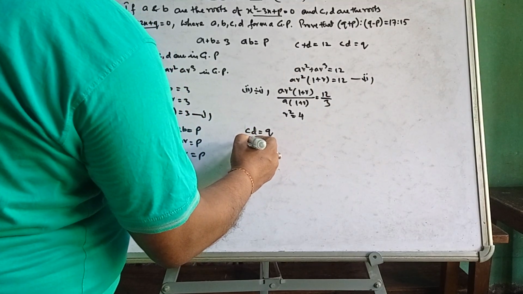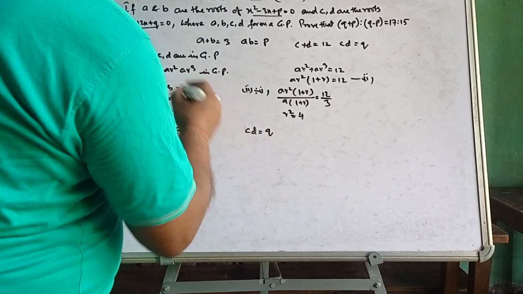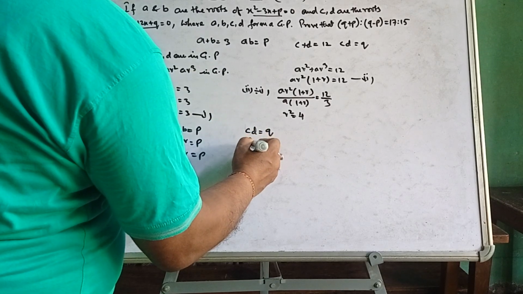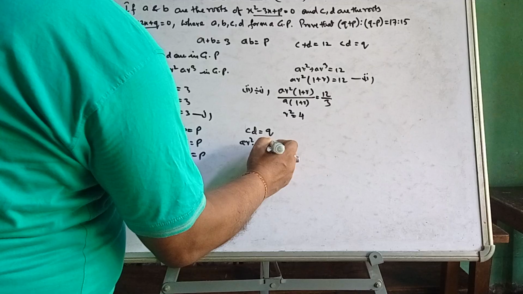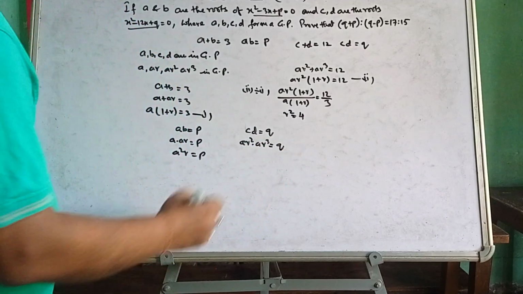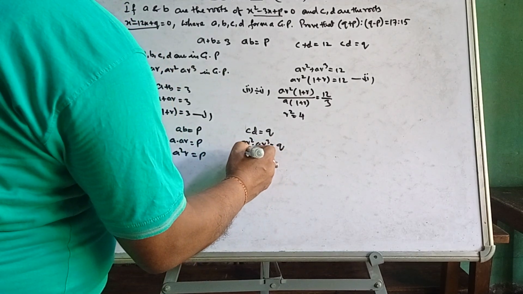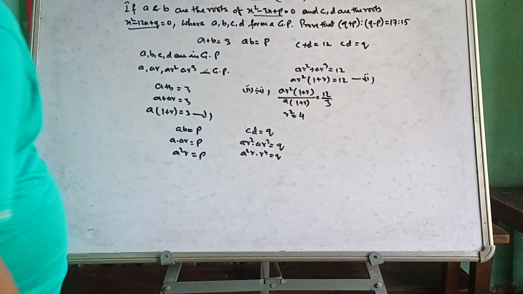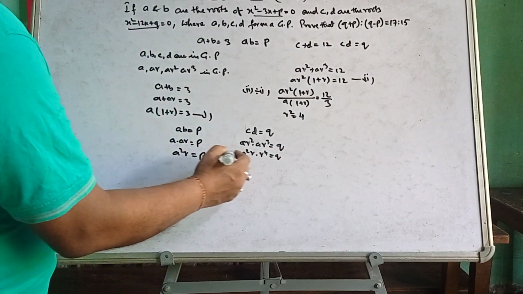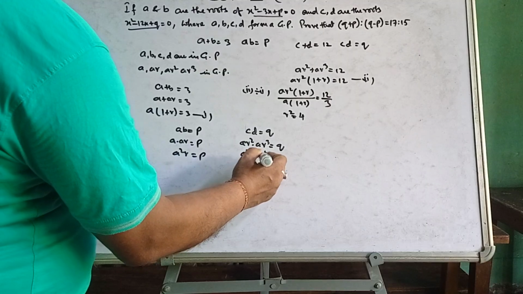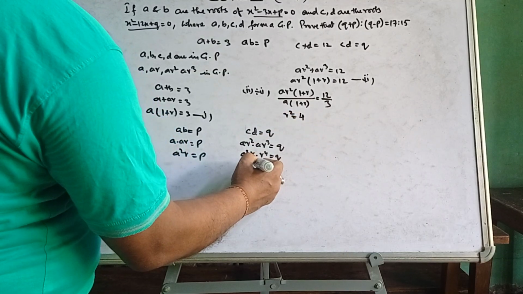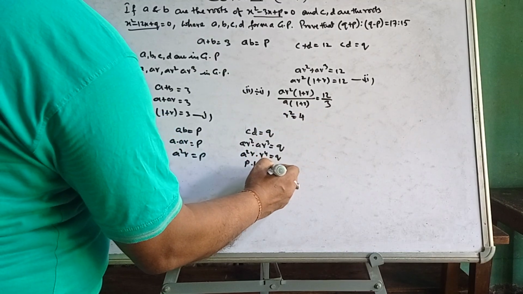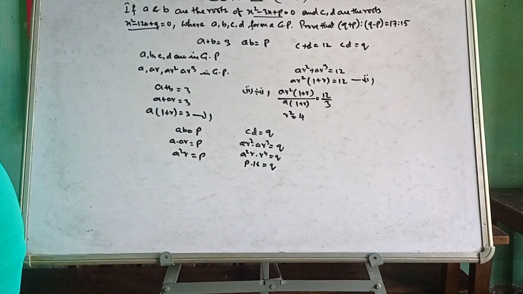So here c is ar square into ar cube is equal to q. So here a square r into r4 is equal to q. Your a square r is p, and r square the whole square, that means 16, is equal to q. So q is equal to 16p.